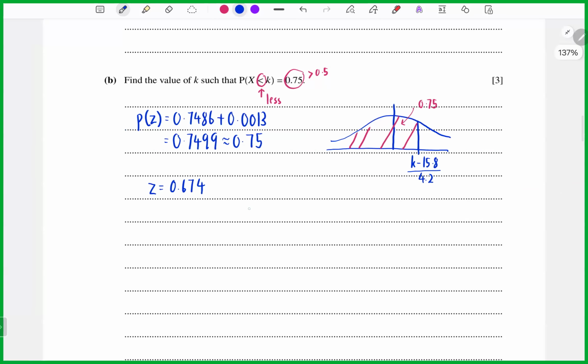You can write K minus 15.8 over 4.2 equals 0.674. K will be equal to that plus 15.8. So you will get the answer 18.6.